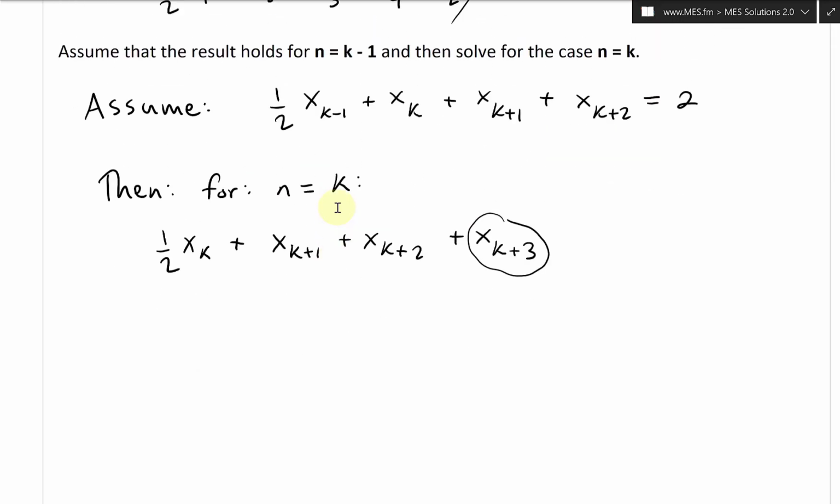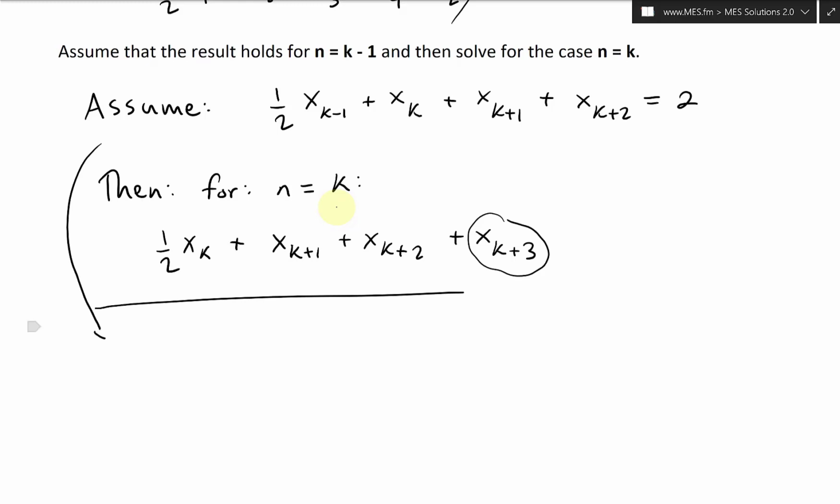So it takes the assumed equation and replaces k with k plus 3 minus 3, starting from k.